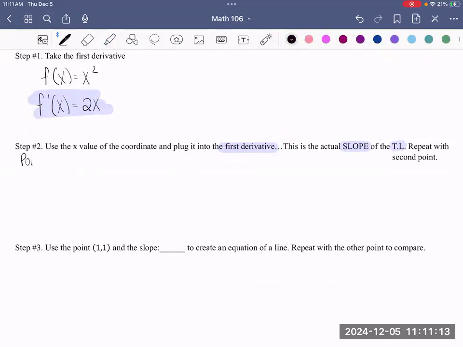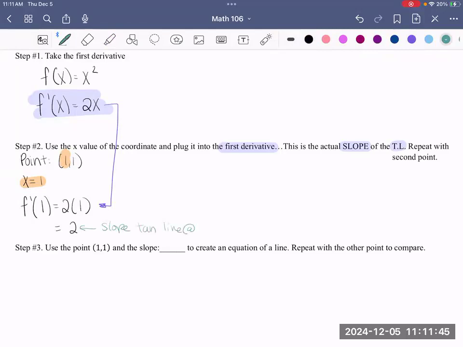So your point 1, 1. This is when your x is equal to 1 here. And I'll highlight so you can keep track of what we did previously. So f prime of 1 is equal to 2 times 1, which equals 2. So this is the slope of your tangent line at the point 1, 1.